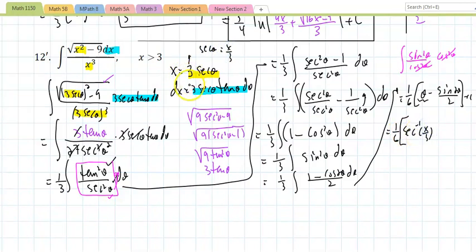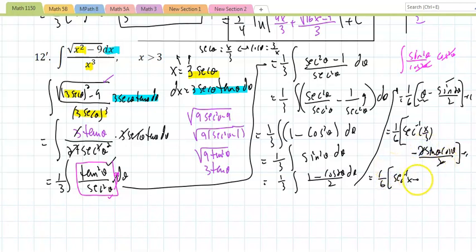I could say also the cosine of theta equals 3 over x, and it doesn't really matter. This is fine. The problem is this piece. Minus, isn't that twice the sine of theta cosine of theta? There is no way around it. Isn't that secant inverse of x over 3 minus sine of theta cosine of theta plus c?